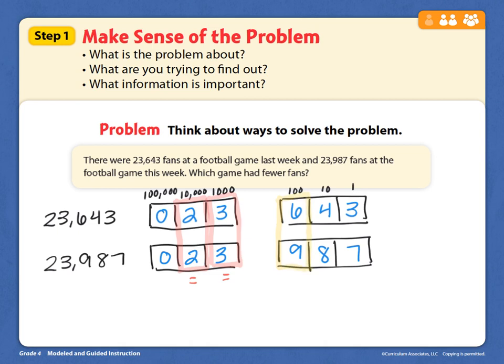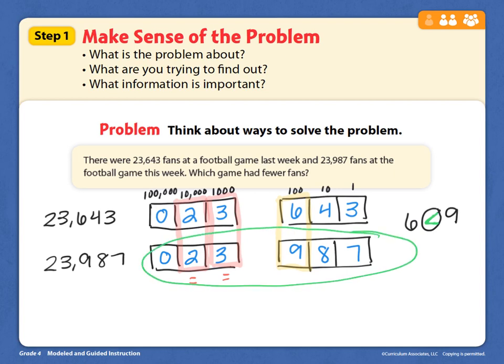I have the number 6 and the number 9. I know that 6 is less than 9, which makes 23,987 the larger number. But let's look back at what the question asked us to find.